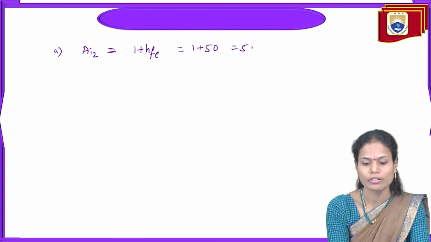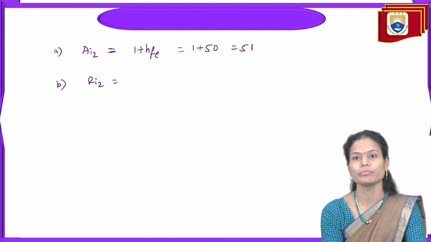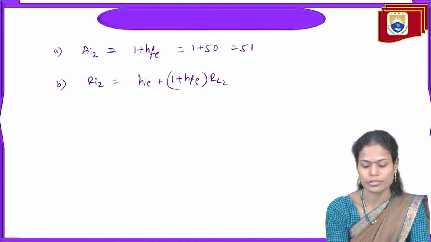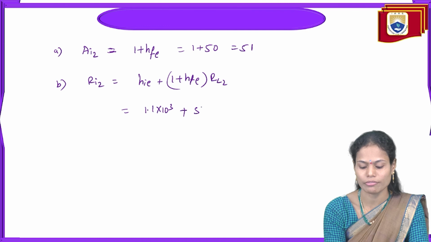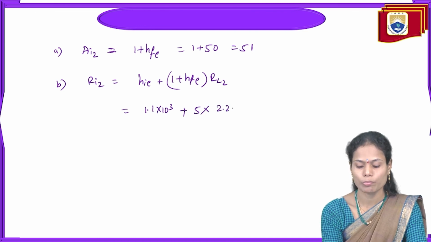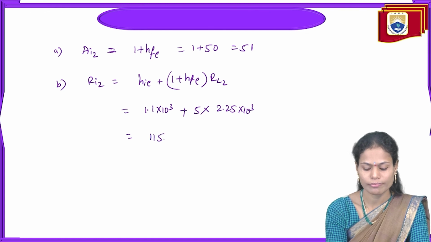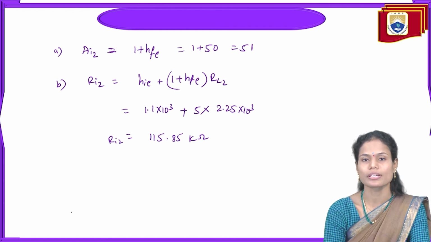The value is 51. And the second parameter is input resistance RA2, that is HIE plus 1 plus HFE into RL2 resistance. So HIE value is 1.1 into 10 power 3, and 1 plus HFE value is 51, and the RL2 value is 2.25 into 10 power 3. So we will get it as 115.85 kilo ohms, the input resistance of the second stage.